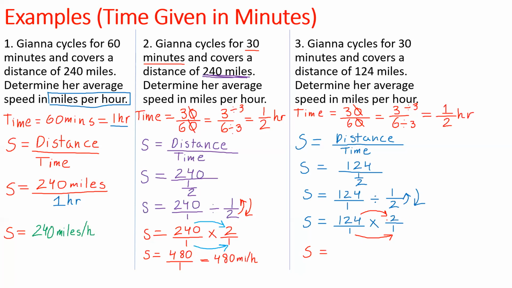What is 2 times 124? 248 over 1. And 248 over 1 is 248. So now we can put the units. It's going to be miles per hour. Okay, do you all understand it now? Yes, sir.